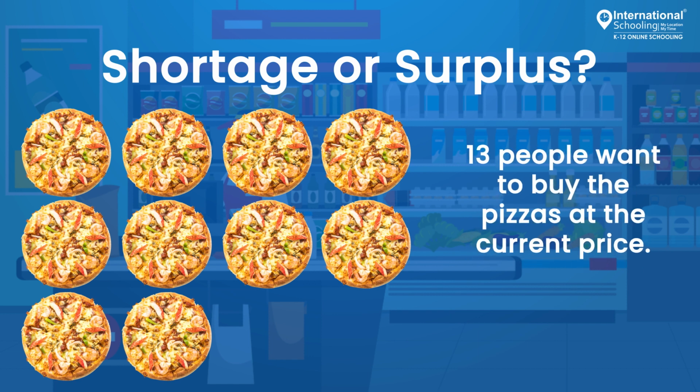Is there a shortage or surplus? Yeah, a shortage. There are not enough pizzas to sell to everyone who's willing to buy at that current price. They need to make more pizza so there's no longer a shortage.